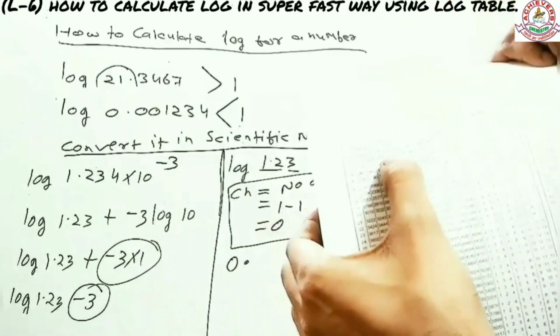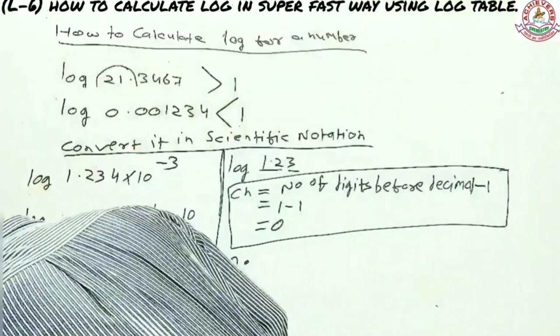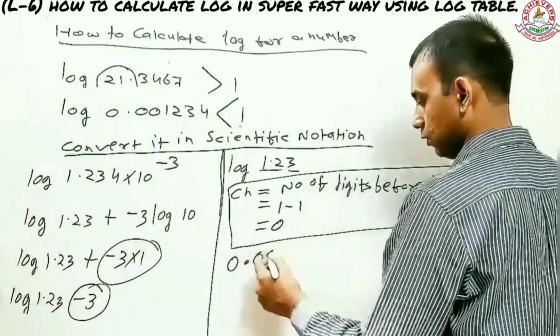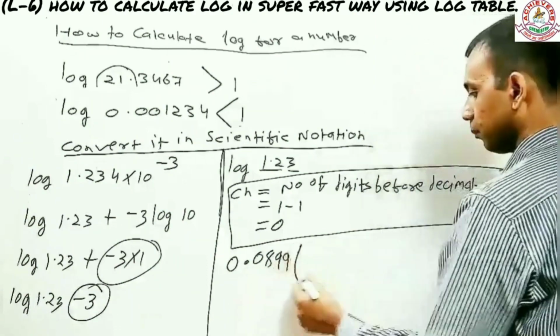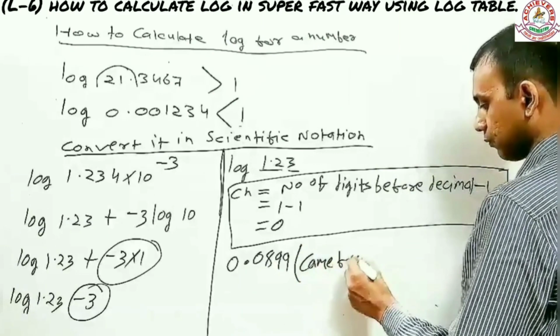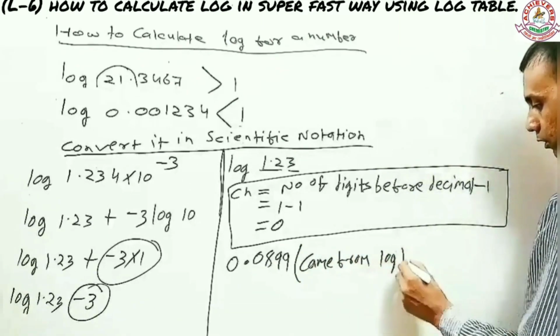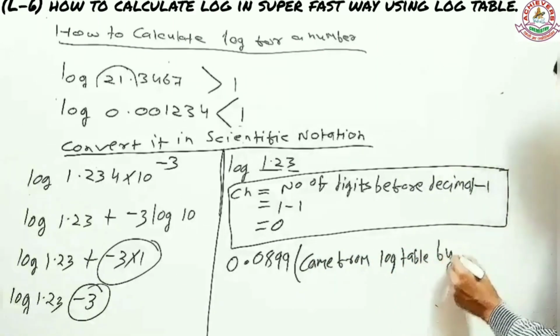So this is like 0899. Where did this value come from? It came from the log table.